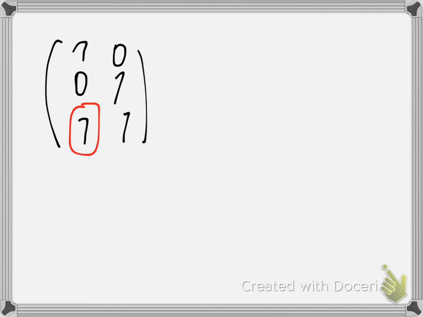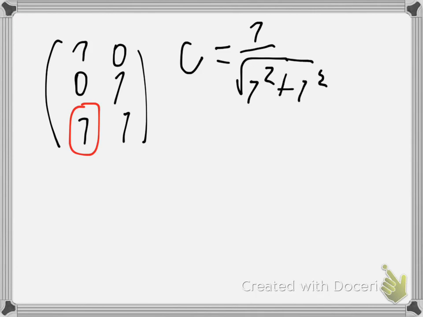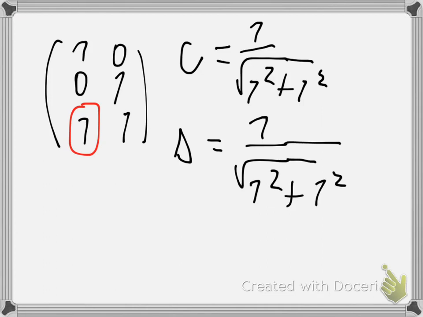First, let's determine our cosine and sine. Our cosine will be the element at the top of the vector, so 1 over the square root of 1 squared plus the element we want to eliminate, so 1 squared. And our sine will be given by the element we want to eliminate, so 1 over square root of 1 squared plus the element at the top of the vector. That will give 1 over square root of 2, 1 over square root of 2.